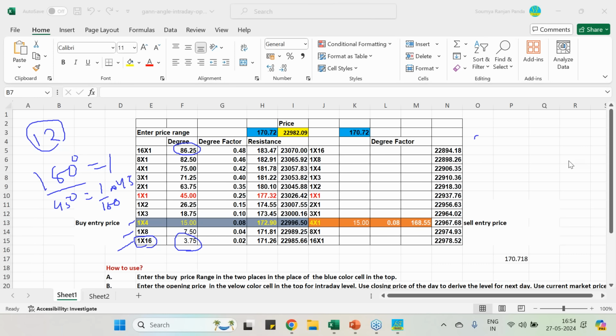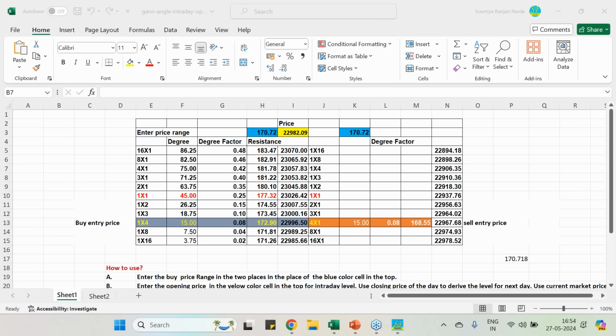Once we find this degree factor, our next job is to find the resistance and support. Suppose you are seeing a price here of 170.72. If I want the resistance, how will I find it? I will take 170.72, take the square root of 0.72, and add the degree factor.